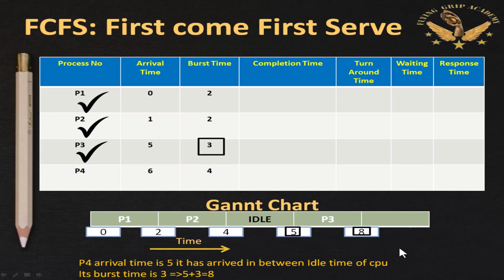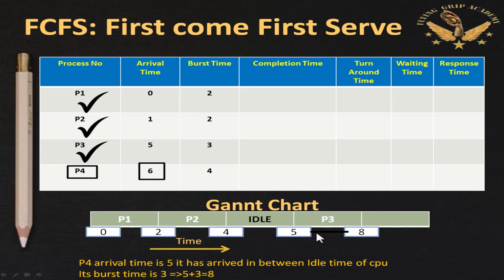Next, between 5 and 8, which process has arrived? We have a process that arrived, P4. P4's arrival time is 6, so between 5 and 8, at 6, it has arrived and is going to enter the state.